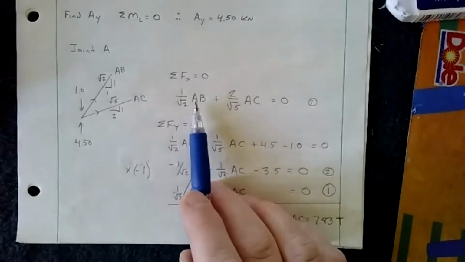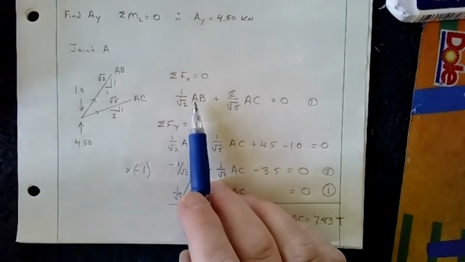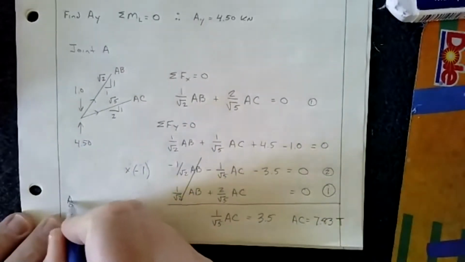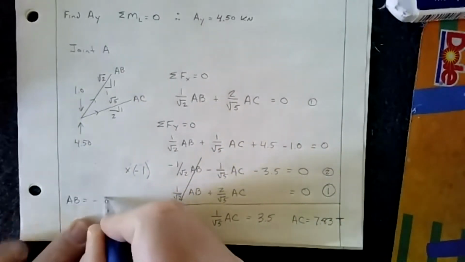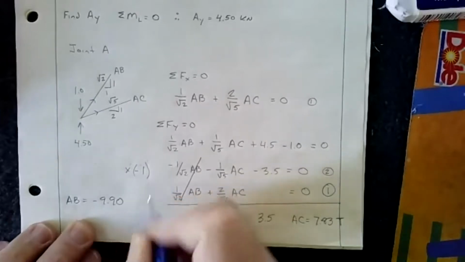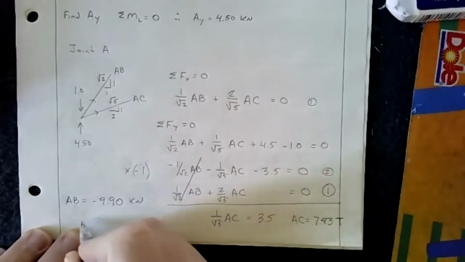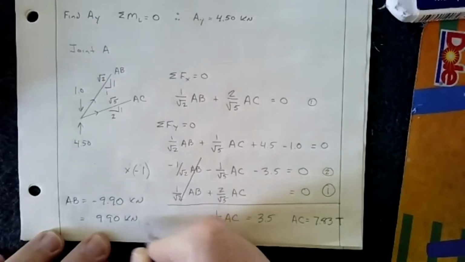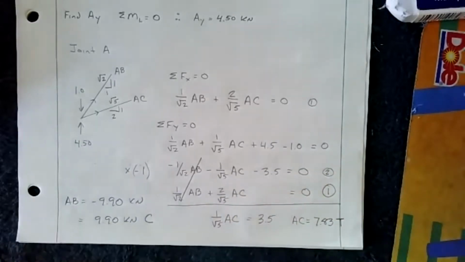And when I do that problem, I end up with AB equal to negative 9.90 kilonewtons, or another way, it's 9.90 kilonewtons, and that's a compression. So that's that first joint.